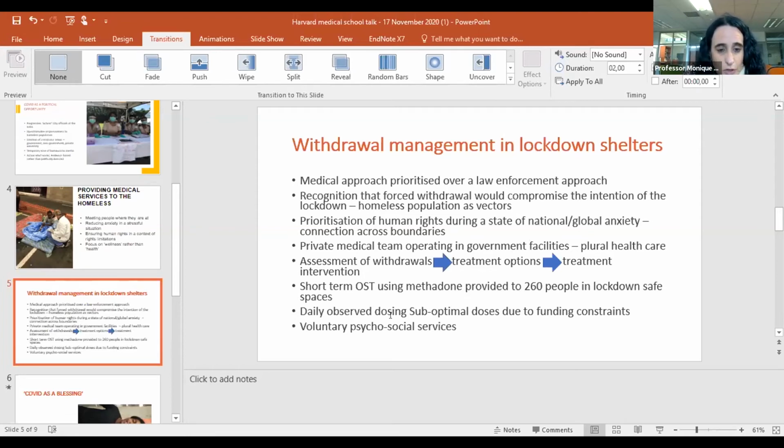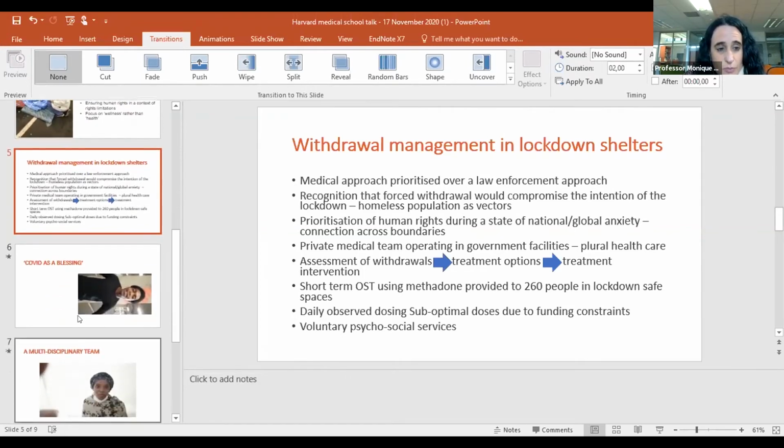But because the majority of people that we were treating were smokers rather than injectors, the dose was adequate in terms of dealing with withdrawal and allowing people to cope for the 3 months that they were in treatment. And the psychosocial services were voluntary, in line with a very low threshold approach to providing opiate substitution therapy.